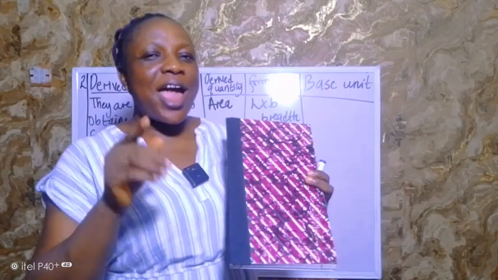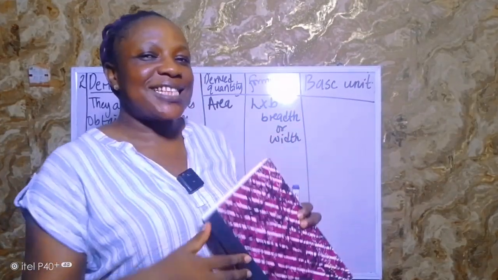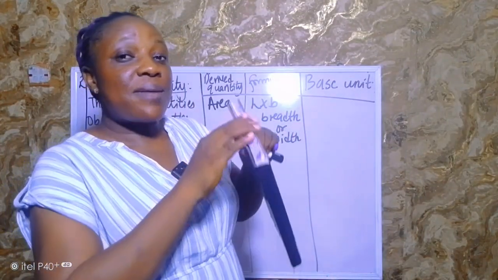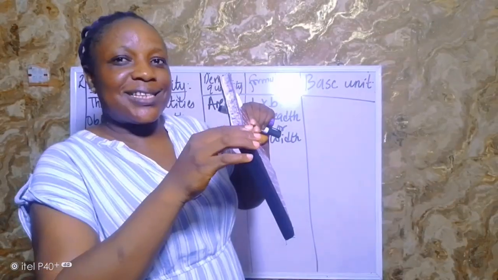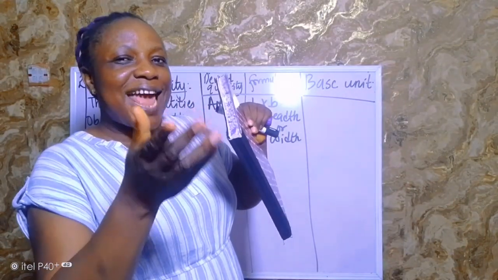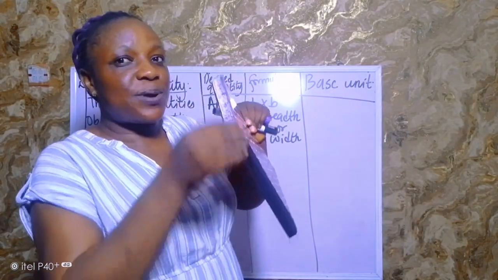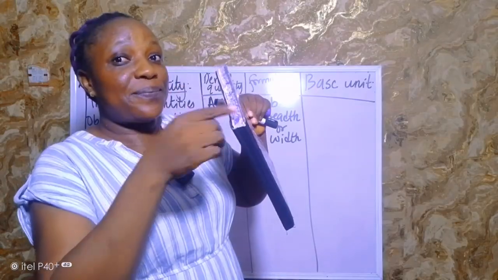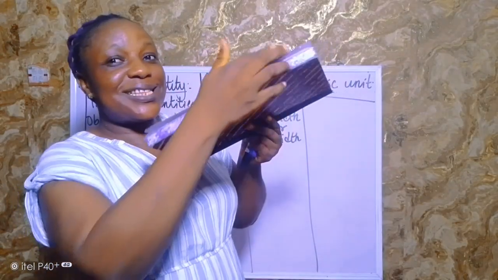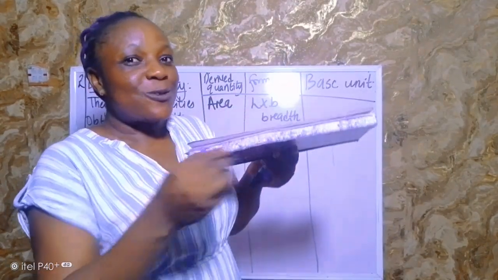So area is length times breadth. Are you seeing that two of them are lengths? What do we say is length? Length is the distance between two points, this point and this point. The same thing with this. So two of them are length.